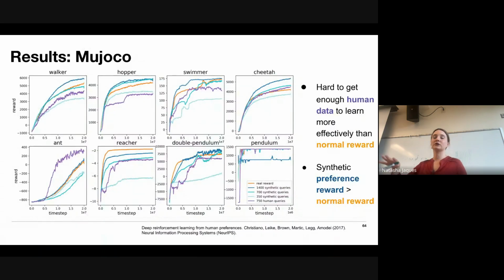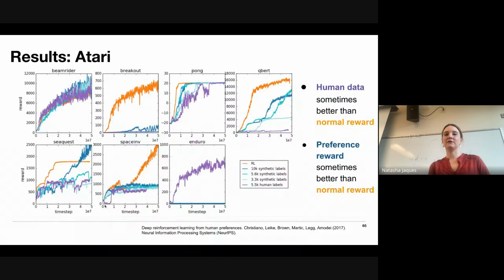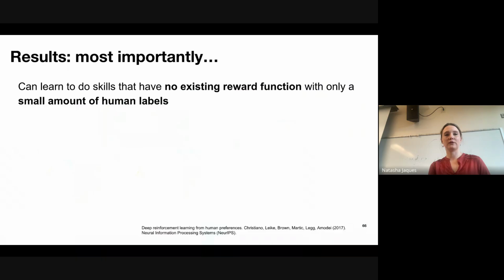So it works really well if you have good preference data. In Atari, sometimes training on human data is actually better than the game reward if you have a very sparse reward task, because this preference reward can sometimes be better shaped than the game reward. That's why it's a valid reward signal you can learn from.